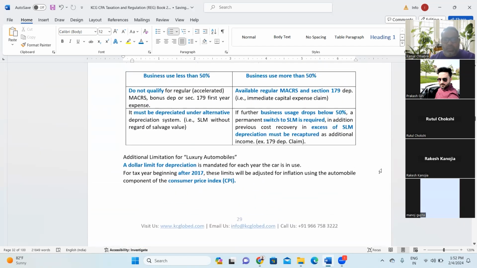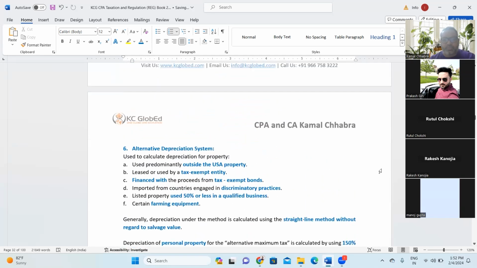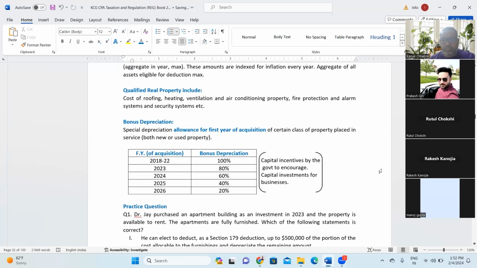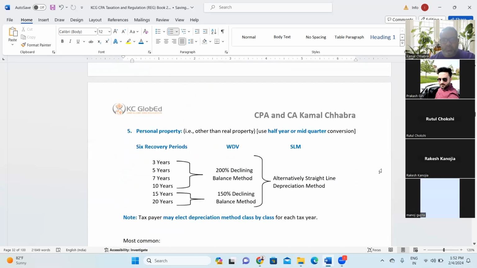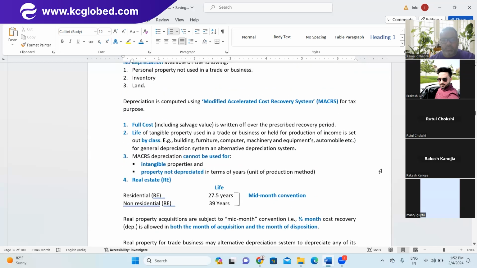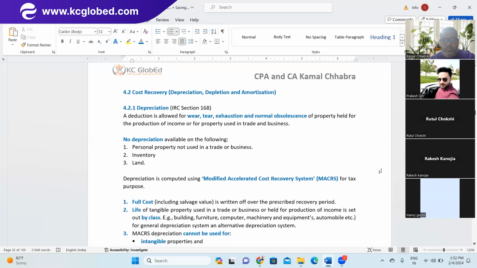Sir, one question. I'm trying to relate this to the Indian standard. We have a different method of calculation for software, either software developed internally or purchased from outside. This concept was also there in the US.